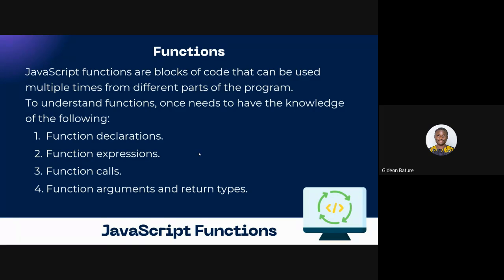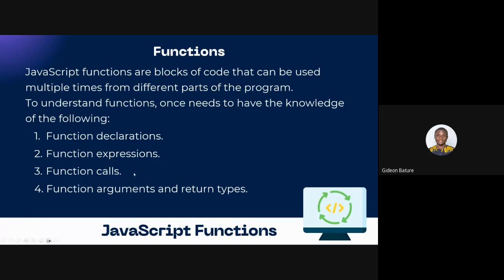When you have an action you want to perform more than once in your code, you certainly need a function for it. I hope you guys are getting it. But in a situation where you need it just once, you don't need a function. So far as you are doing that particular action more than once, you need a function for it.